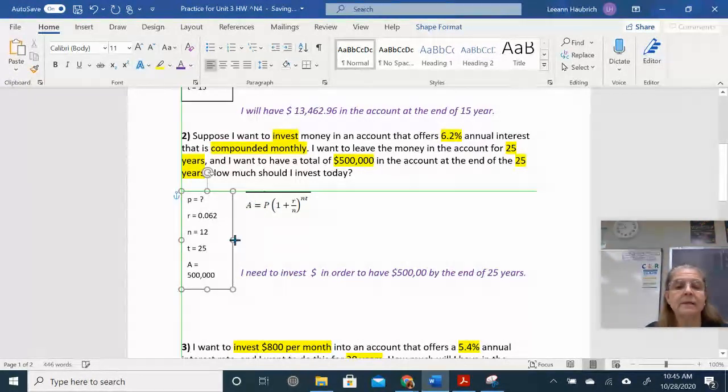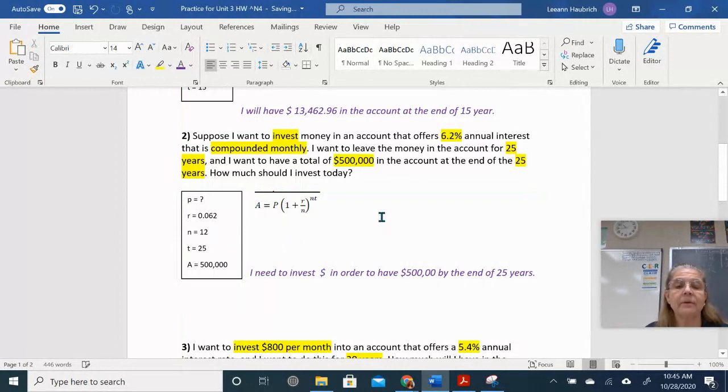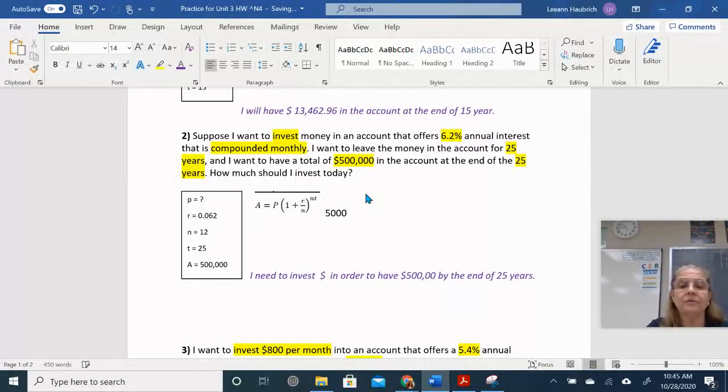As long as I identify what I have and where I want to go, it will make it easier for choosing this formula. But there is a little bit something different with this. This time I know the A. I know the A is $500,000. And I want it to equal, I have to figure out how much money to put in. I do not know how much to start with.